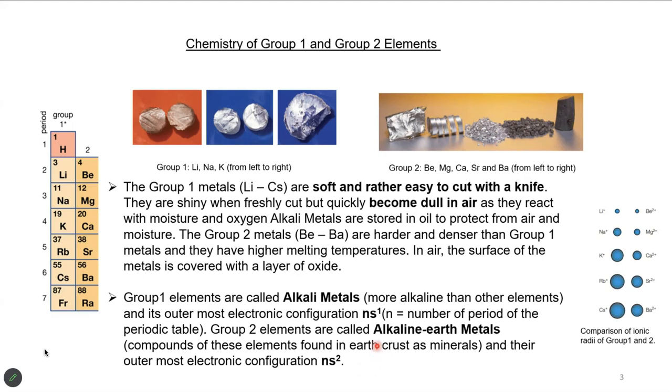But remember, in a chemical reaction, you can never get new elements. You get only the same elements reacting and forming compounds. Therefore, the energy of a chemical reaction is much less than the energy of a nuclear reaction. So now we will talk about basically chemistry, that means chemical reactions and chemical compounds of these two groups of elements. Well, here I have taken the comparison of ionic radii of group 1 and group 2.